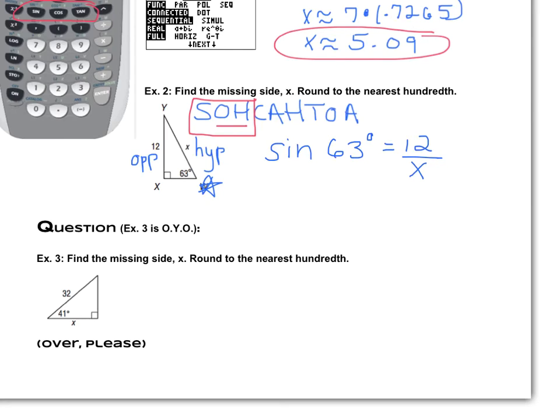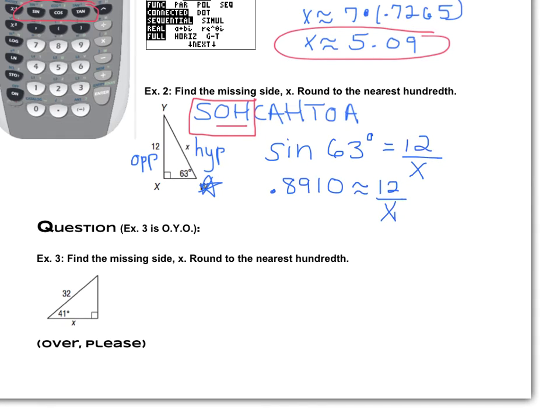But as I go ahead and plug sine of 63 into the sine function button of my calculator, the ratio that I get this time is 0.8910. Again, go out to more places than you think you're going to need. Since I rounded it, I can make that approximately equals 12 over x.